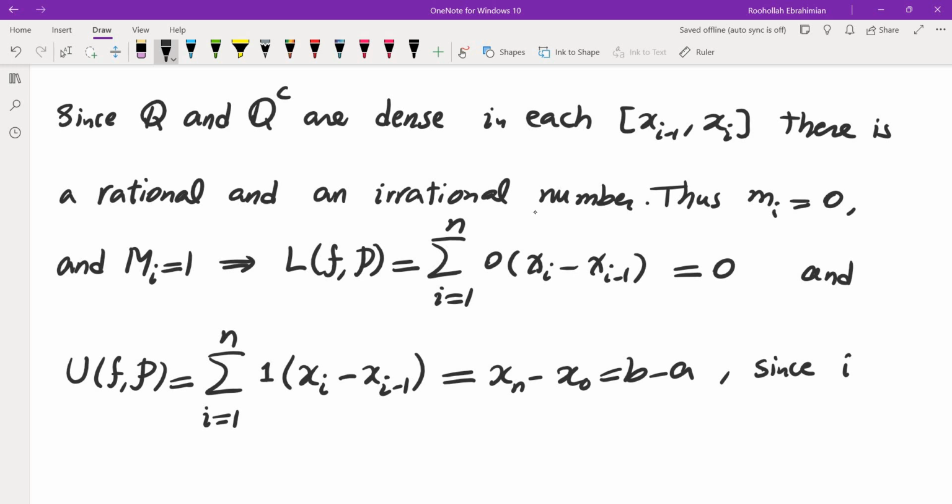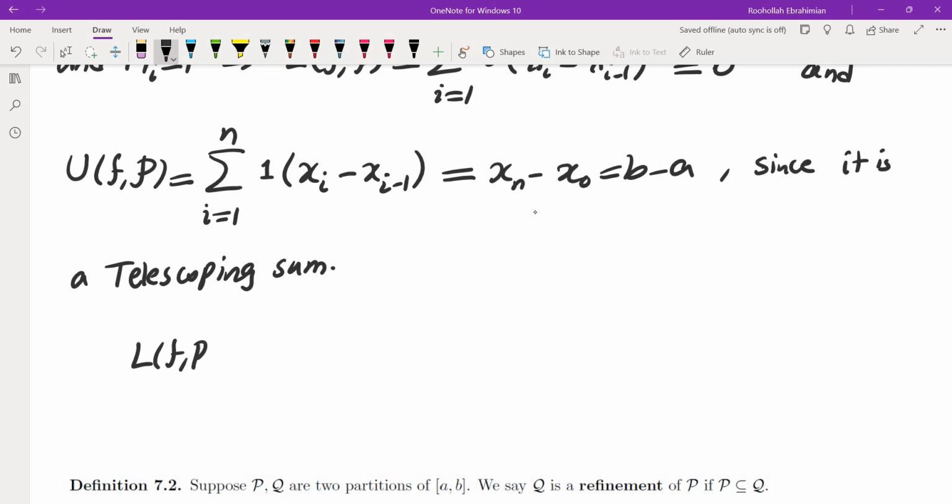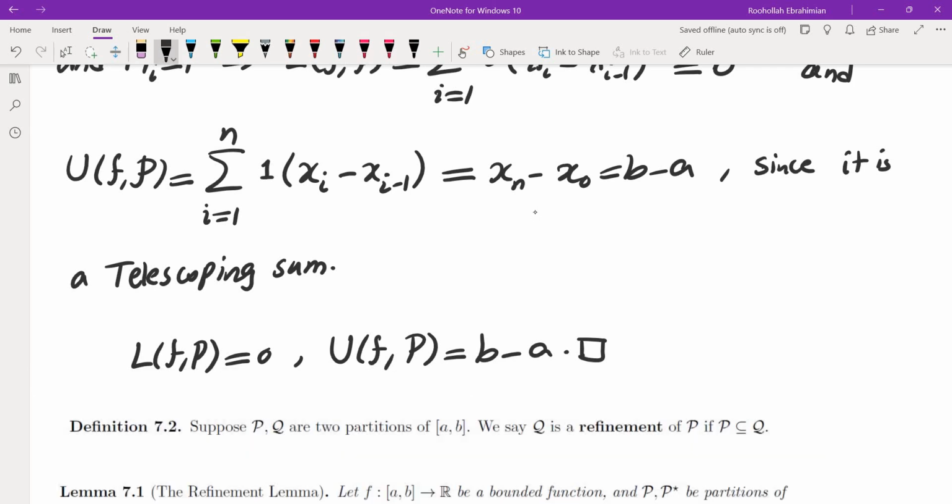So to summarize, we got that the lower sum is 0 and the upper sum is b minus a. And that's the end of the solution for this one.